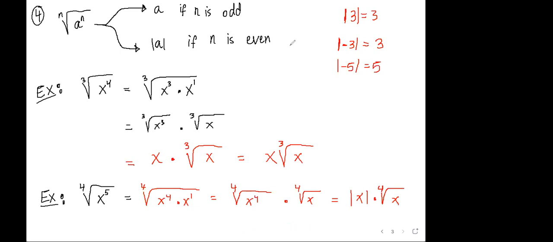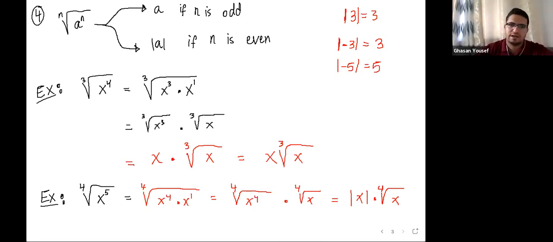Eric asked why it's absolute value. Because we have 4 with the 4 here, they cancel each other, but by using property number 4, n is even. The 4 is even, so I have to take the absolute value of x. That's why.